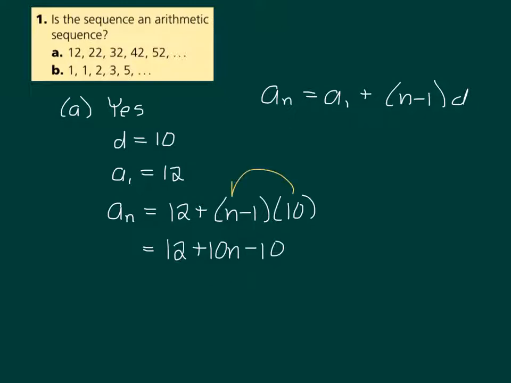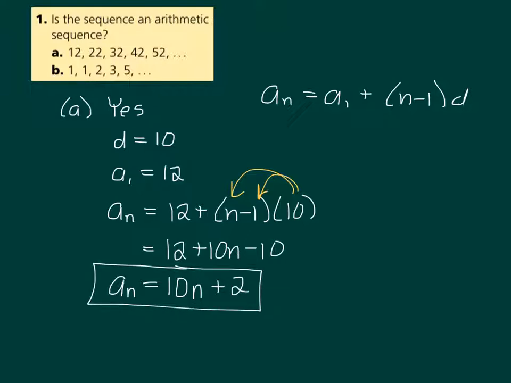All we did is distribute the 10 through. So the nth term as an explicit formula is given by 10n plus 2.